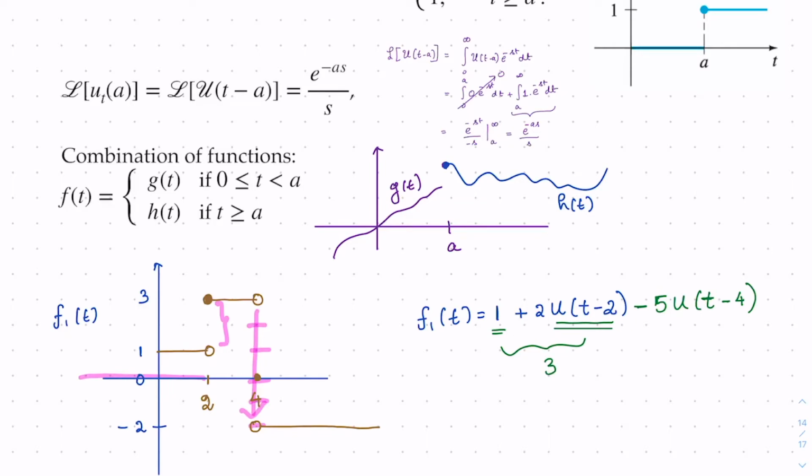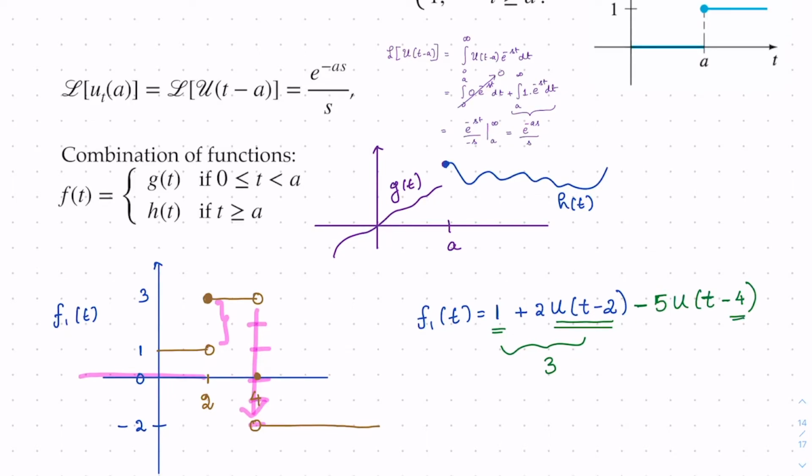And then after 4, this becomes 1 plus 2 minus 5, because this switch doesn't get activated until we reach 4. When this gets activated at 4, it's pulling down by 5 units, so that's minus 2 right there.